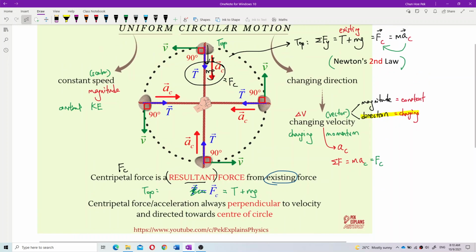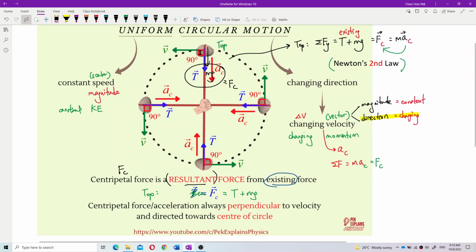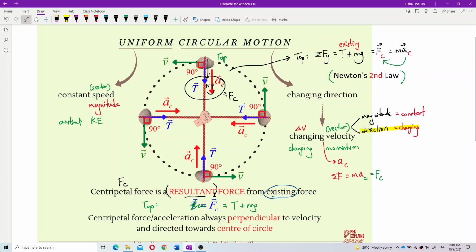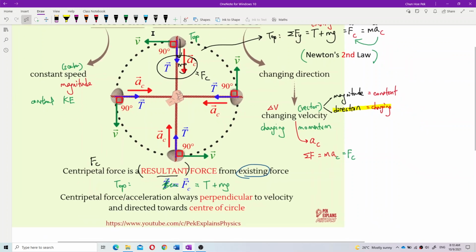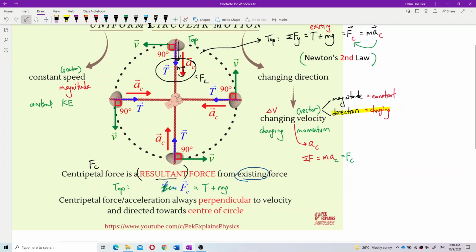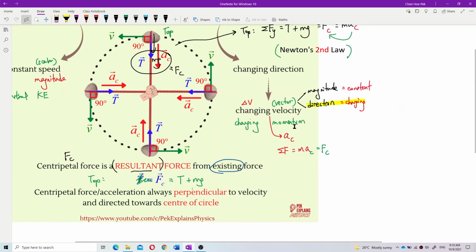So when you draw the free body diagram of the stone, don't draw the centripetal force, because it is not a separate force. It's a resultant force from the existing forces. How do you draw the free body diagram for the top position?